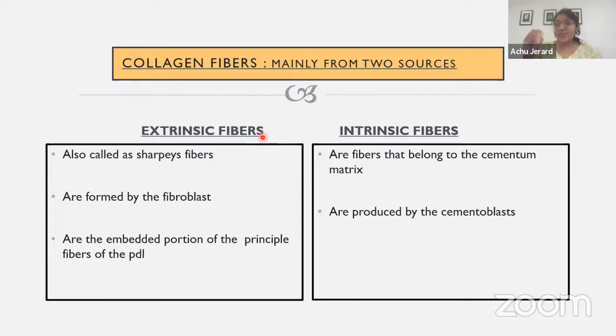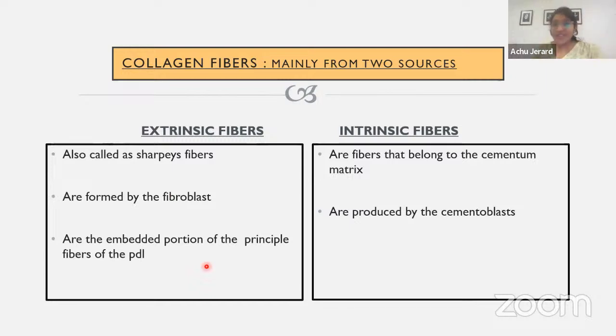Intrinsic fibers are the ones that are produced from the cementoblast itself, or the cementocytes. The cementum forming cells produce some amount of intrinsic fibers, whereas extrinsic fibers are Sharpey's fibers, the periodontal ligament fibers, because cementum has the Sharpey's fibers attached to it. So that portion of cementum has extrinsic fibers. So it is based on the presence or absence of extrinsic fibers.